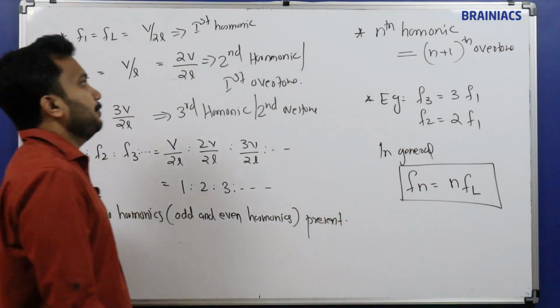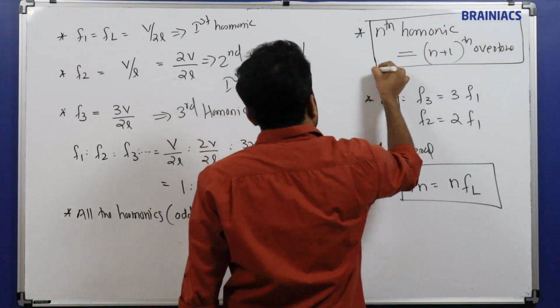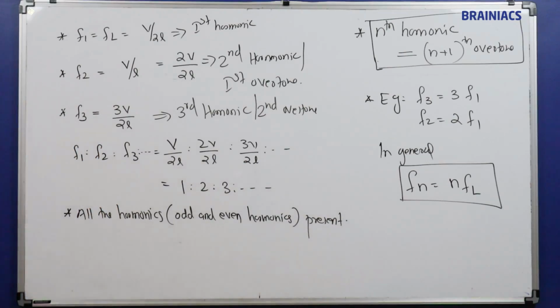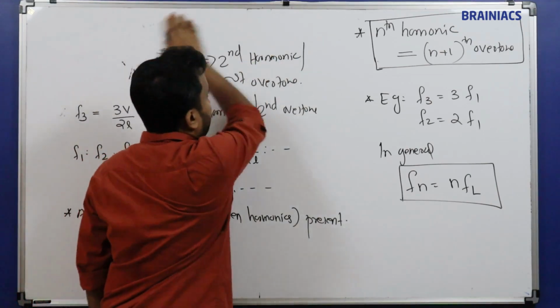So these points are important for an open organ pipe. These are the summary or the key points. Now we'll move to the next heading, which is called the closed organ pipe.